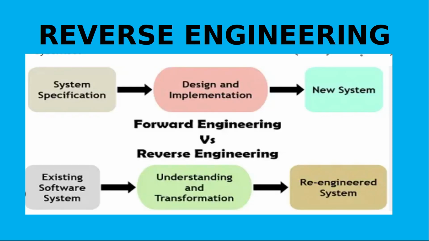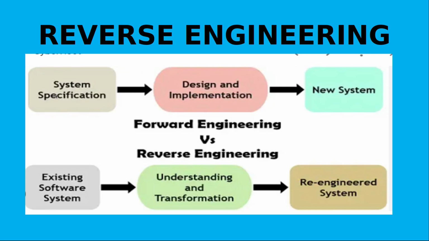This is the diagram representing reverse engineering. First the system specification. System specification belongs to forward engineering. First the system specification, which comes from the users' requirements.